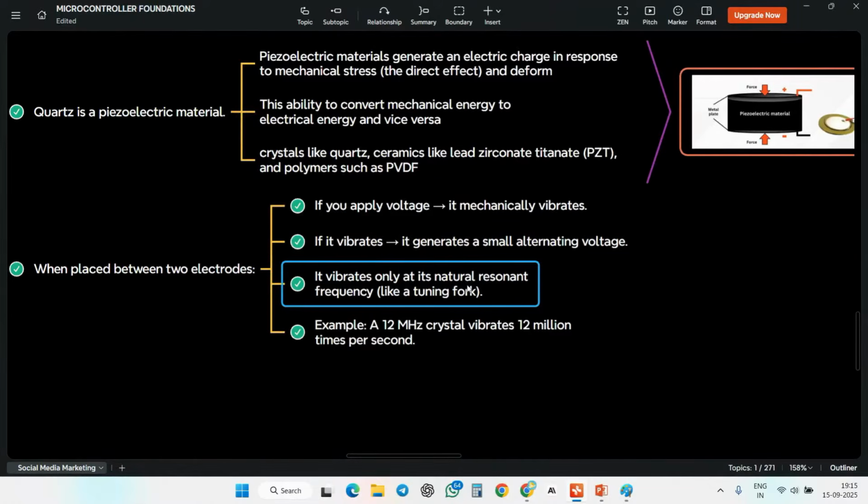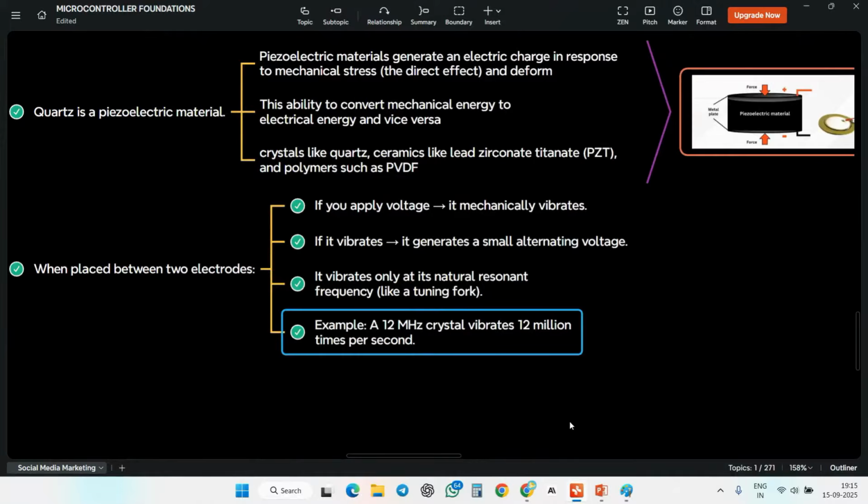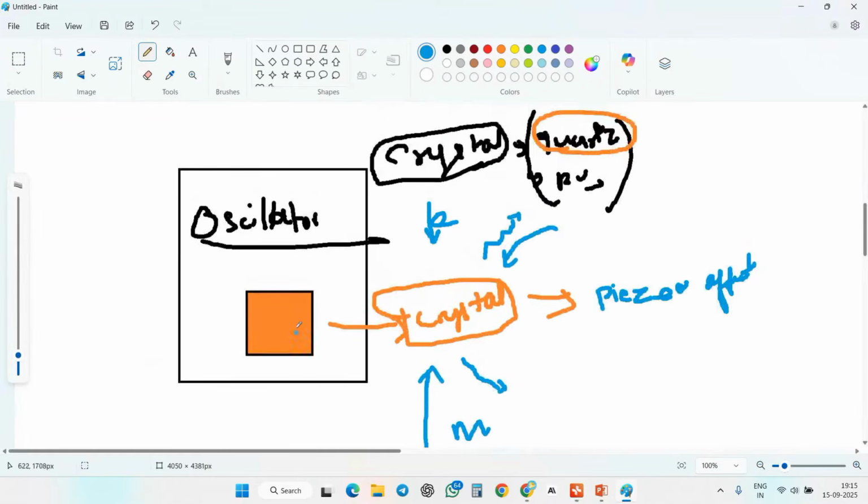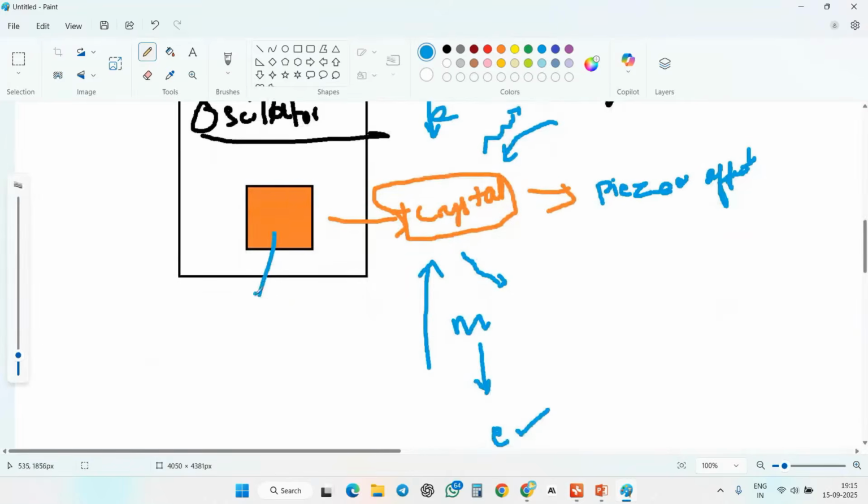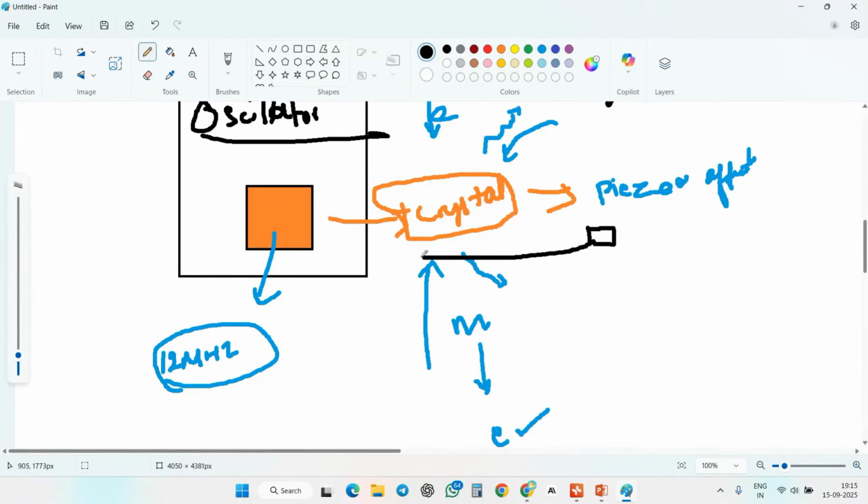It vibrates at its natural resonant frequency, for example 12 megahertz. So this crystal can produce frequencies up to a range of 12 megahertz. What exactly happens here is, when I give electrical supply to my board, this crystal oscillator takes the electrical voltage and mechanically vibrates.